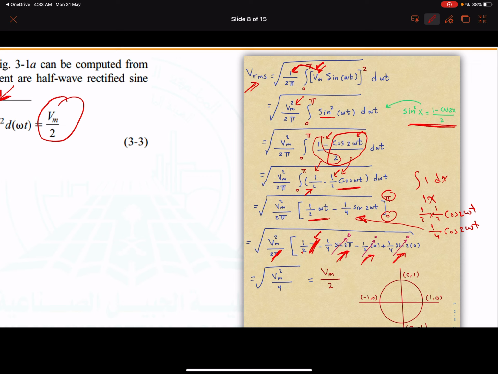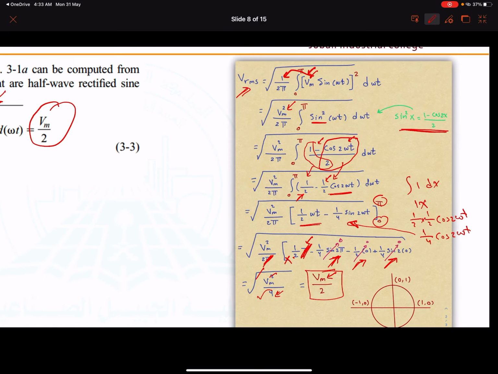And 1 over 2 multiplied by 2 here, so we can multiply them and it will be 4. And V maximum, of course, if we get rid of the 2 here, it is V maximum. And if we take the square root of 4, it will be 2. So this is our final answer, which is V maximum over 2.